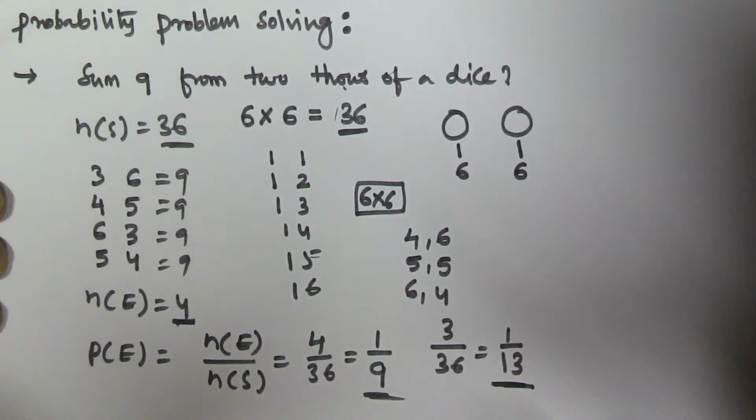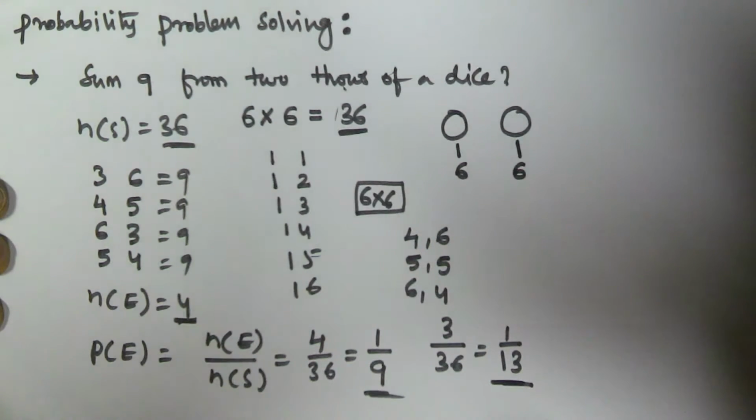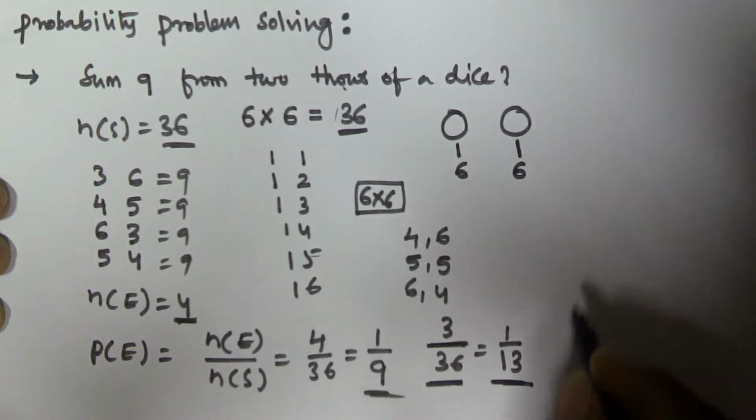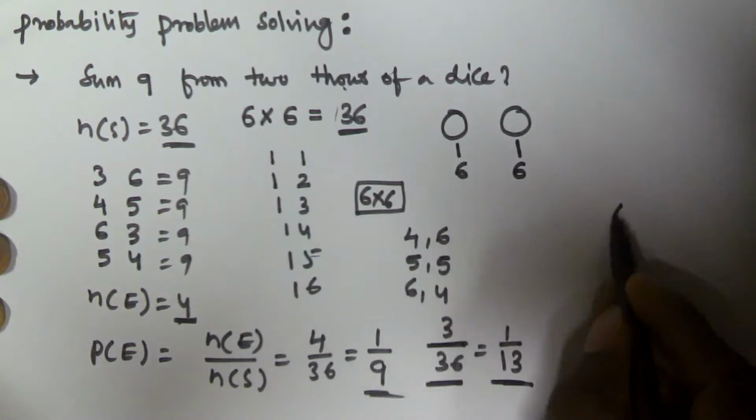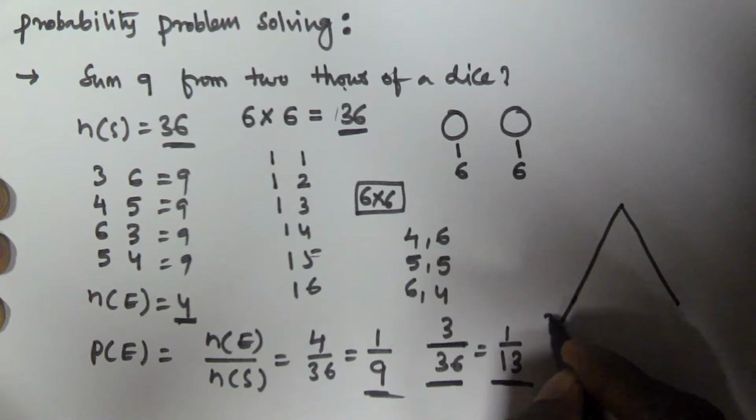Okay, so how to remember this one? We have a pyramid concept to remember the number of favorable elements, I mean the cardinality of favorable events, for each sum like 2, 3. So to remember that, we have a pyramid. Here take 2.